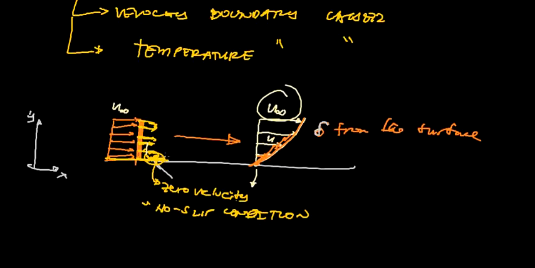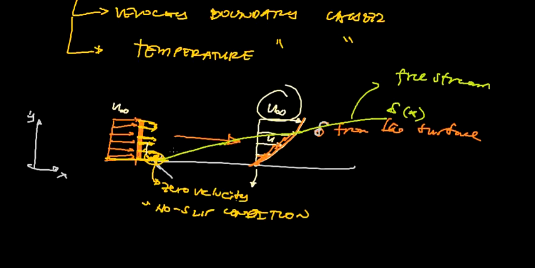And if we take a look at this using the free stream, we can view this as something like this. So this is actually your free stream. From here your stream will look like this, and it created a boundary layer that looks like this.